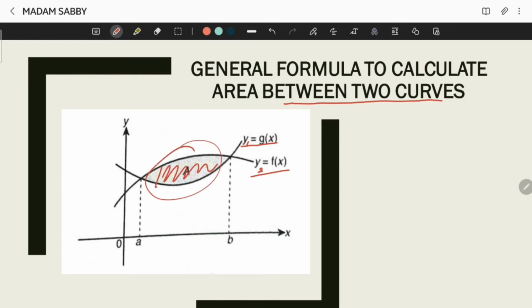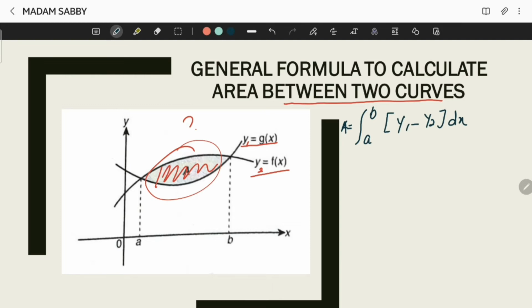The area of the shaded region should be equal to the integral from the lower limit a to the upper limit b of y1 minus y2 dx. Which is y1 and which is y2?